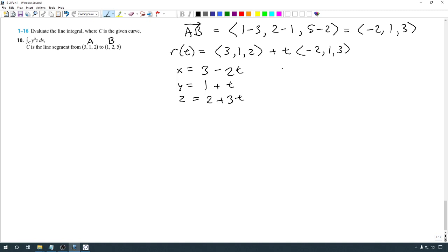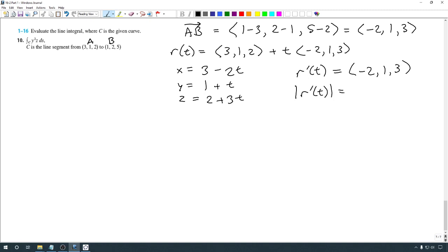Of course, our derivative here, because these constants go away and the t just becomes 1, the derivative of r is really just this vector here. That's part of what it means to be a line, is the tangent vectors are always the same direction.